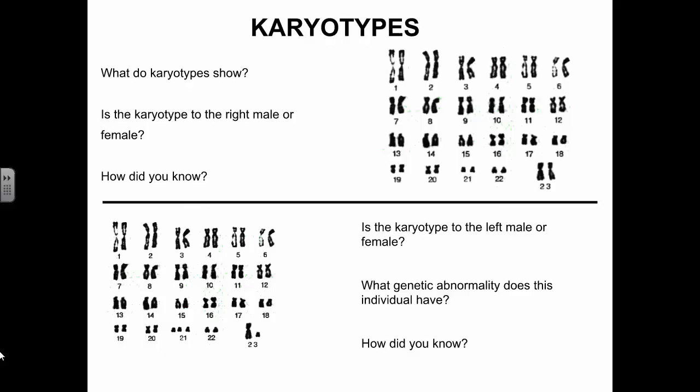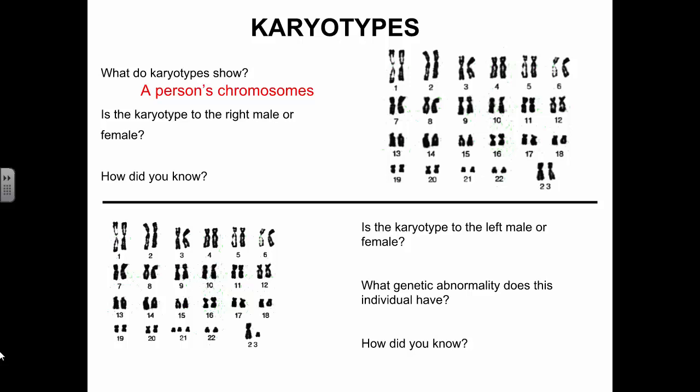So karyotypes: one thing a karyotype shows is a person's chromosomes. So this is a person's chromosomes, this is a karyotype.